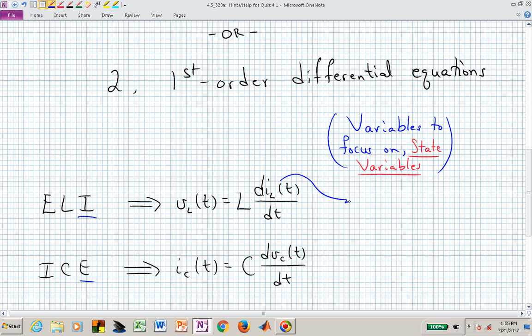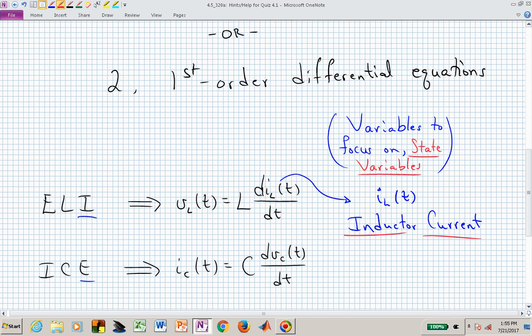It's really this differential quantity that tells us I sub L of t is changing with time, so that's our inductor current, which is one of our state variables that we might want to focus on.